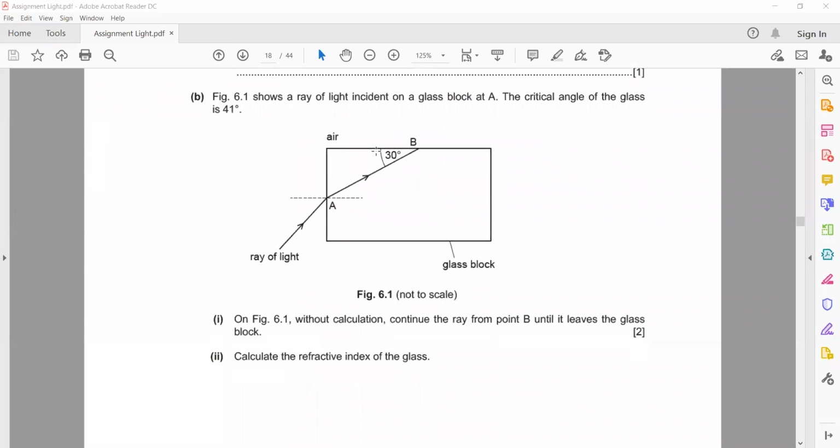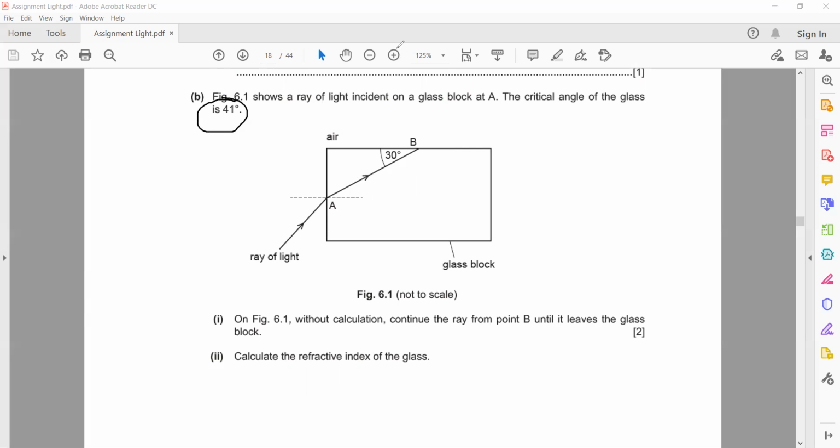In the second part, figure 6.1 shows a ray of light incident on a glass block. The critical angle is 41. They mention the critical angle as 41. On the figure, without calculation, you don't have to do calculation, continue the ray from point B until it leaves the glass block.